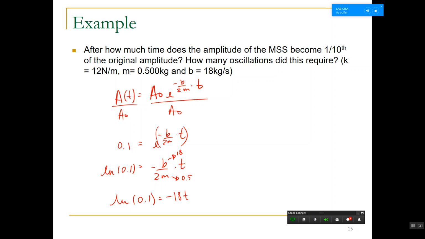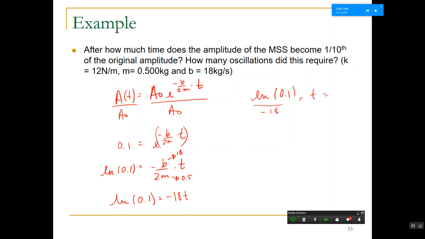That's pretty simple. And so therefore the ln of 0.1 divided by negative 18 is equal to t. It's going to give me a small number. Can someone tell me what that number is?